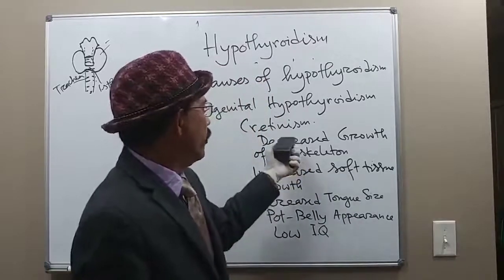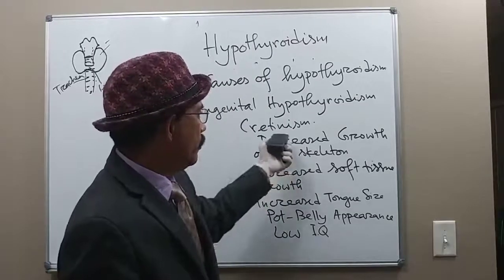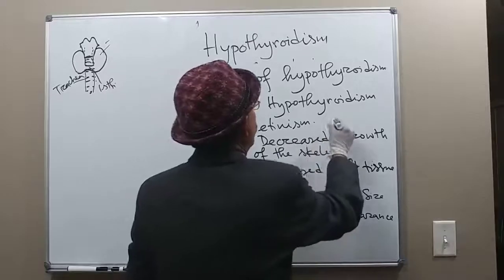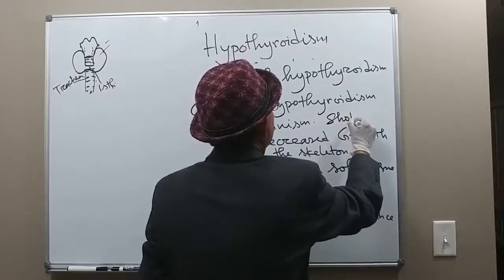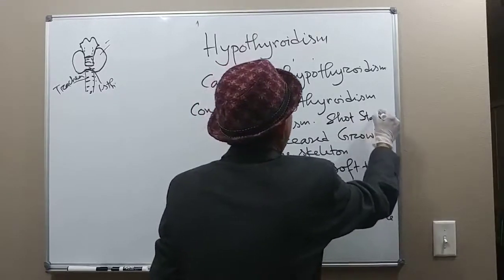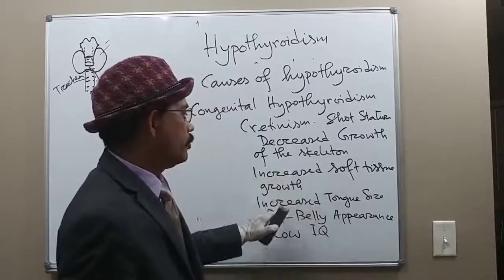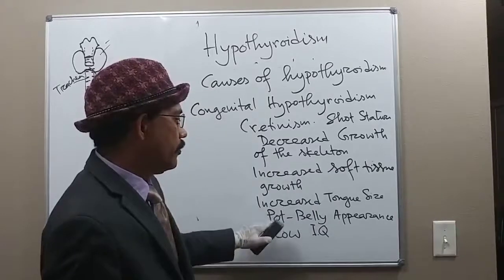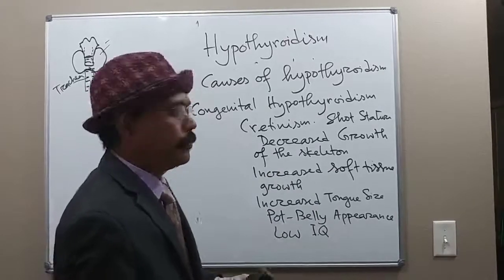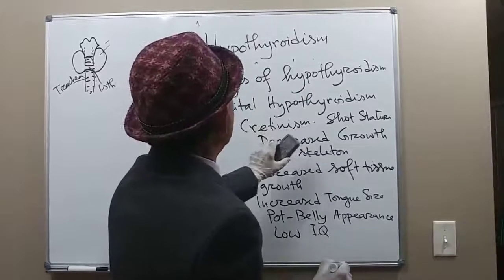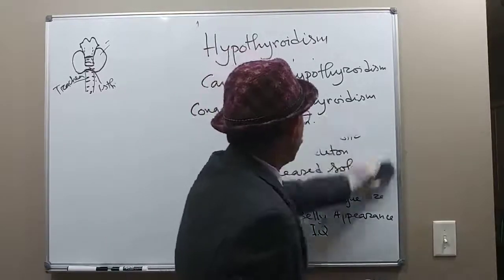Okay, and there will be short stature in the infant due to cretinism. Okay, so decreased growth of the skeleton, increased soft tissue growth, increased tongue size, that is macroglossia, pot belly appearance. Okay, that is called congenital hypothyroidism or cretinism.